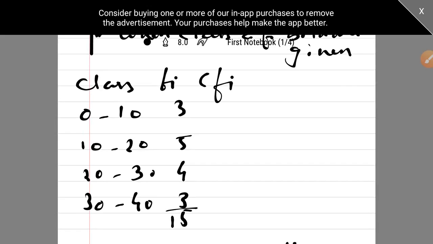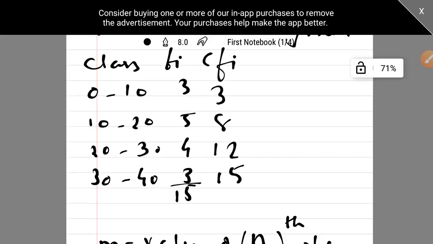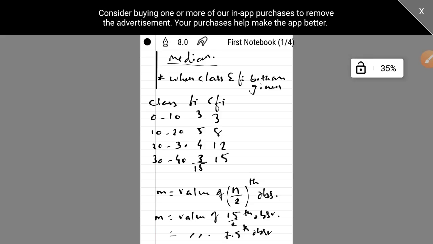We will be finding cumulative frequency here. Now see, cumulative frequency you know how to find. In opposite to 3 you have to write 3. 3 plus 5 8, 8 plus 4 12, 12 plus 3 15. So this is your cumulative frequency. Now what you were searching for?